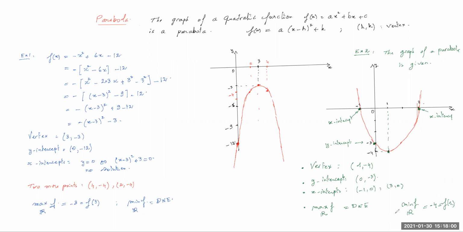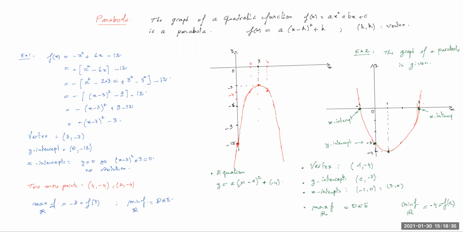Yes, I can even identify my equation. What about the equation of the parabola? I know in advance that my equation will be in the form a times (x minus h) squared plus k, and h is 1. k is the second coordinate, which is -4. Okay, I need to identify a.